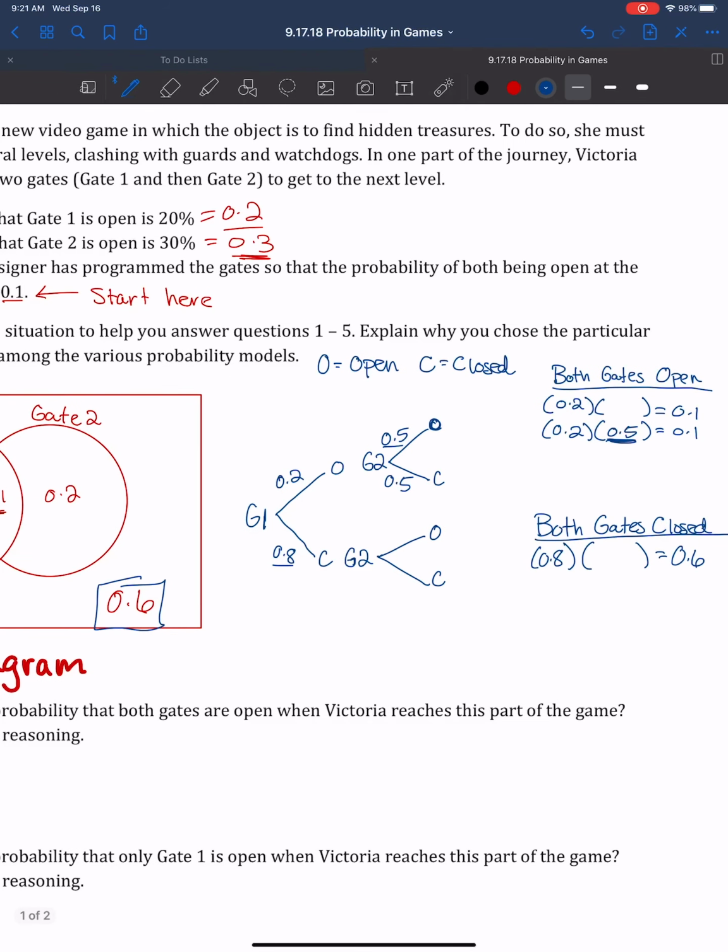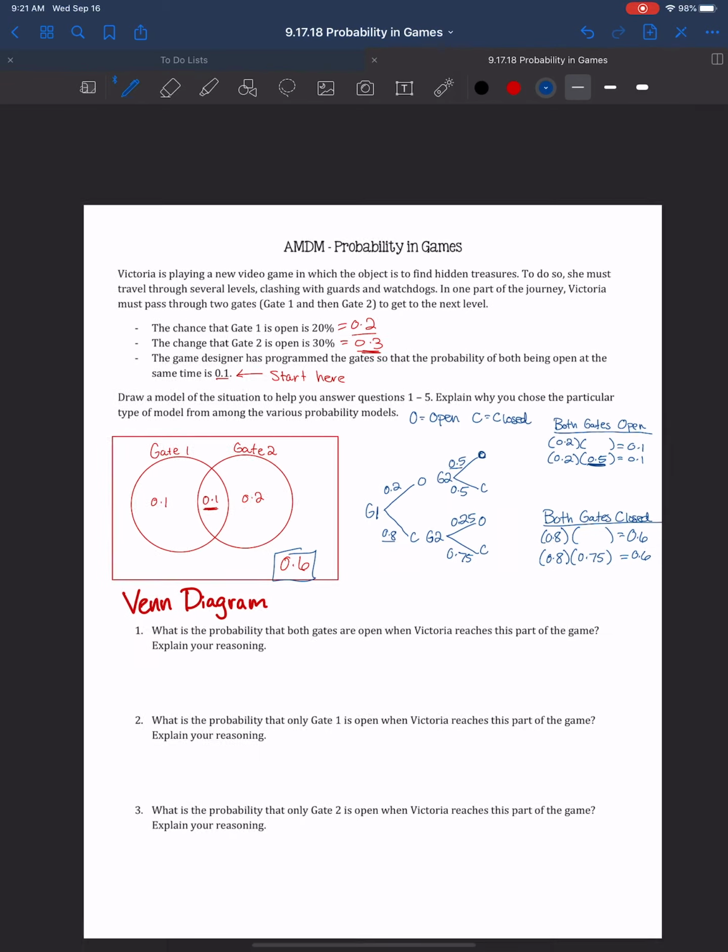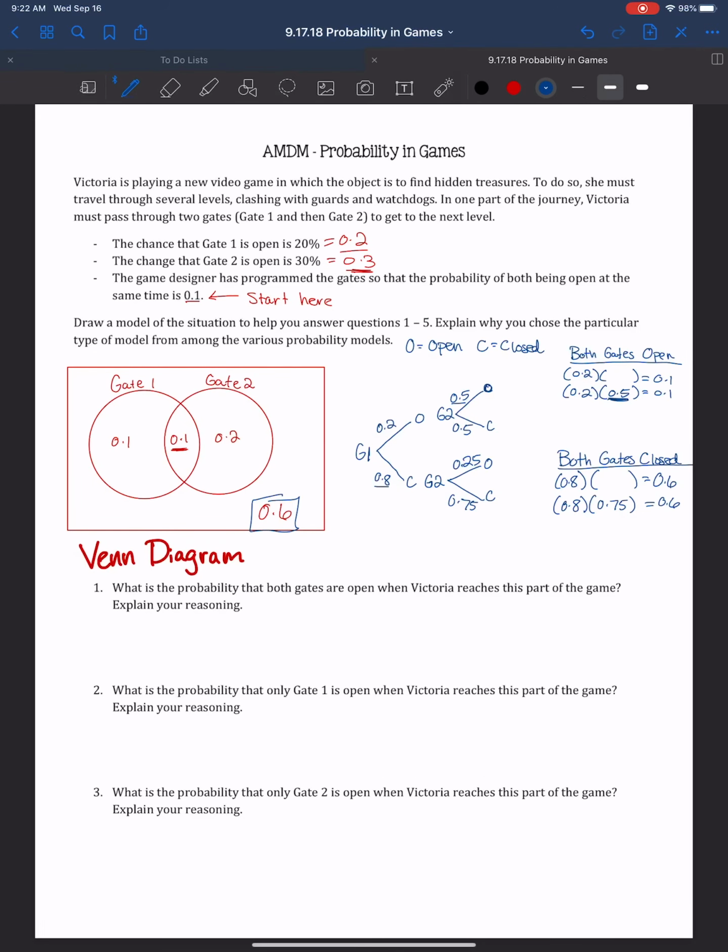So 0.8 times what equals 0.6? Well, if we divide 0.6 by 0.8, we're going to get 0.8 times 0.75 is equal to 0.6. So the probability of gate 2 being closed is 0.75. So that means this has to be 0.25. So this one is our tree diagram.